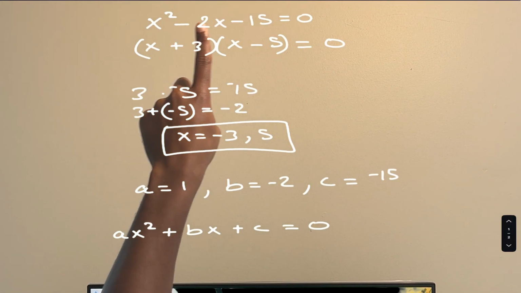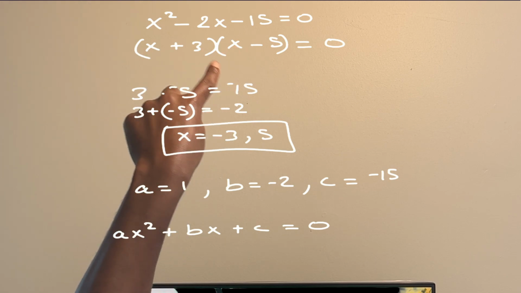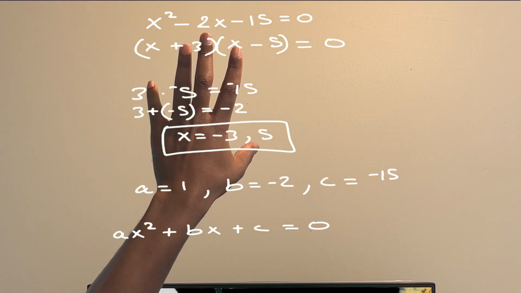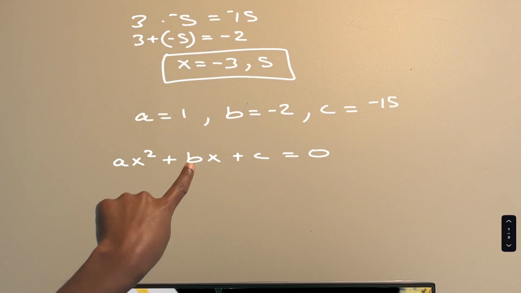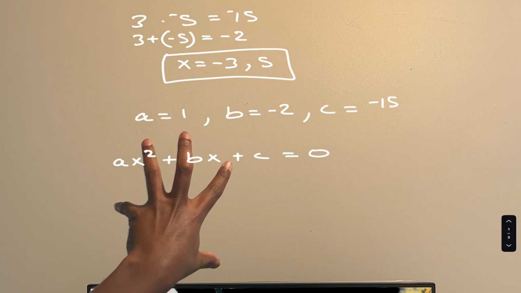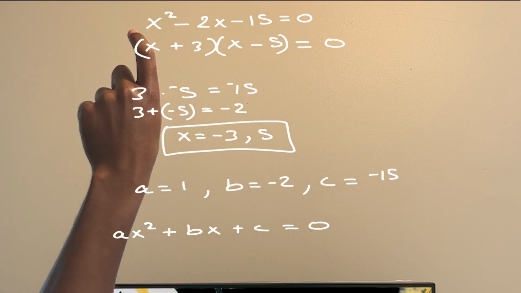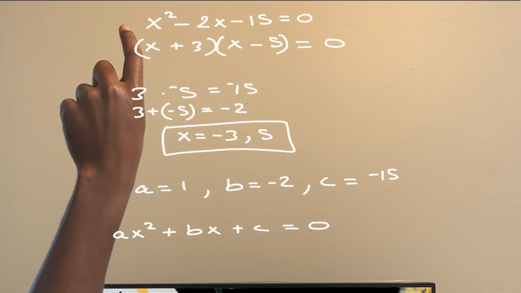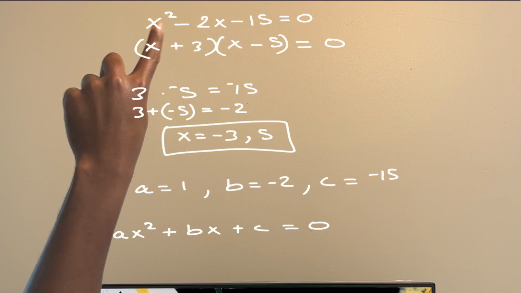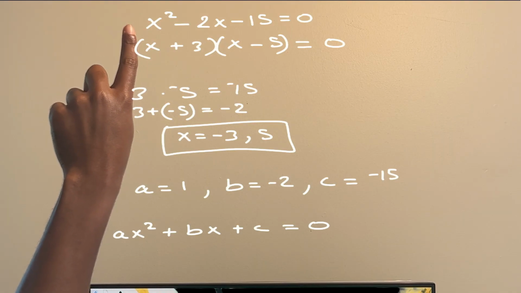So remember, this is a form that is expandable. We can factor this form. So what we want to do, remember, in this case, we don't know the coefficients and the constant, right? So we would like to make sure we get a coefficient of 1 right here, so we want to remove the a.